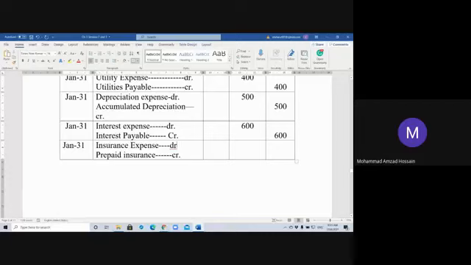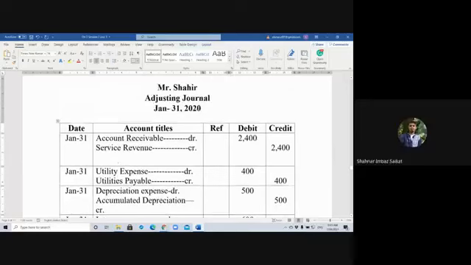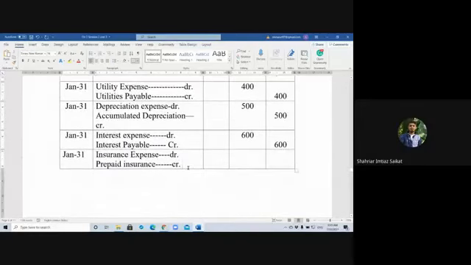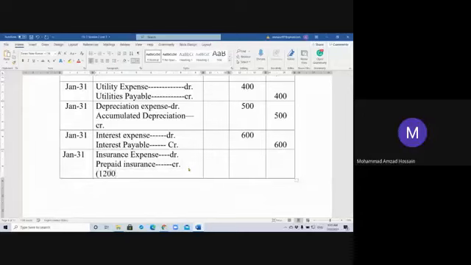What will be the amount then? স্যার 1,000। How this is calculated? 12,000 divided by 12 equals 1,000. So it will be 1,000.